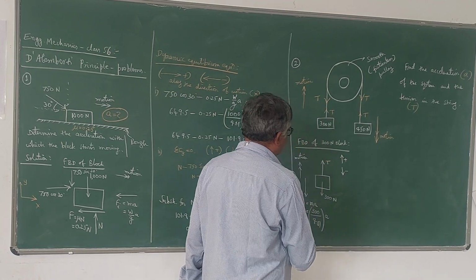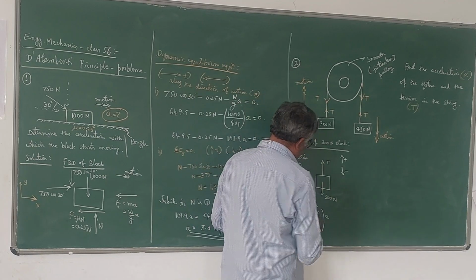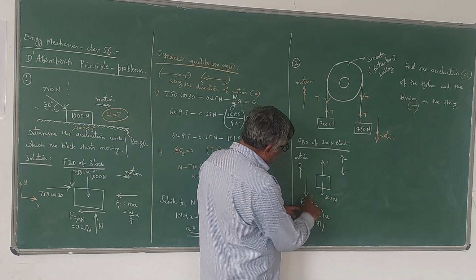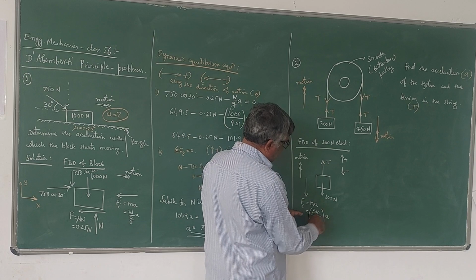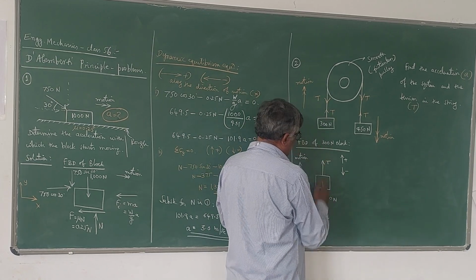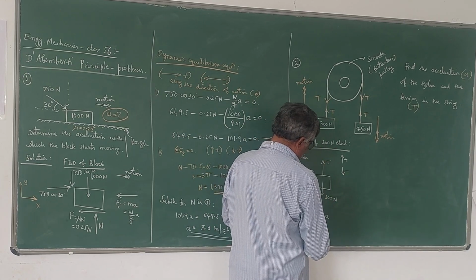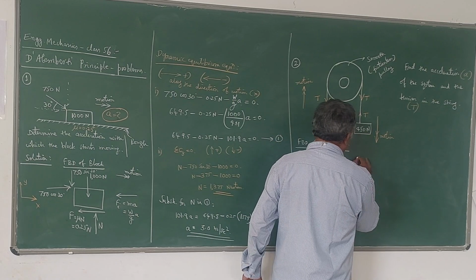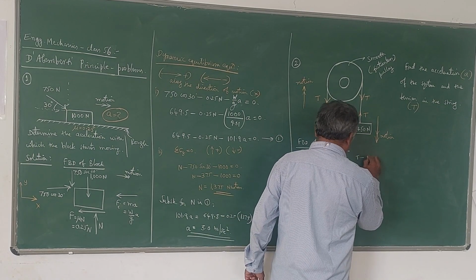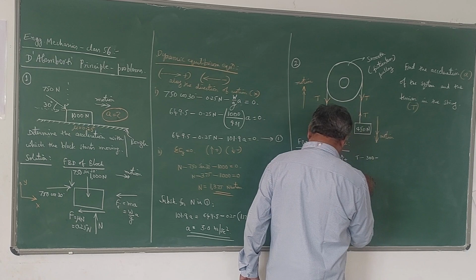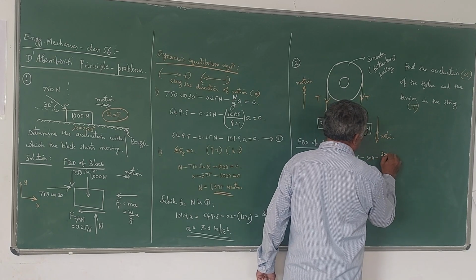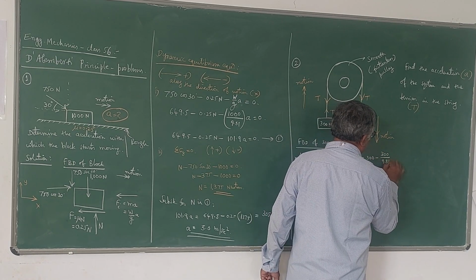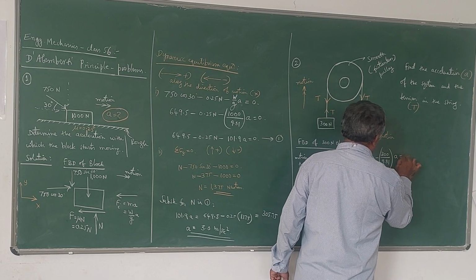If you use this concept, the equation now becomes: this is acting downwards, therefore it is minus, whereas T is plus, the 300 is minus. So what I can write here is T minus 300 minus 300 by 9.81 times A is equal to 0.